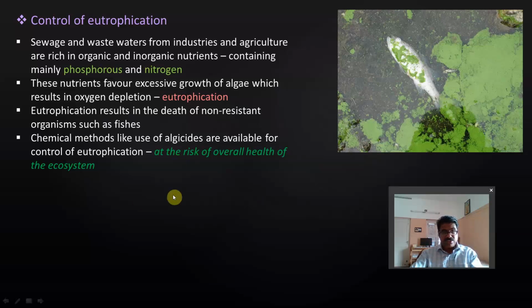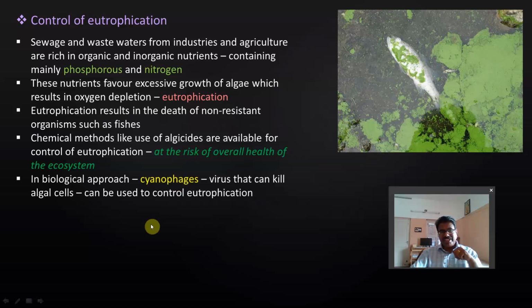In this context, the application of biotechnology comes in. We can use biological approaches, for example cyanophages, against blue-green algae. Cyanophages, which are viruses, can kill algal cells, and this can be used to control eutrophication.